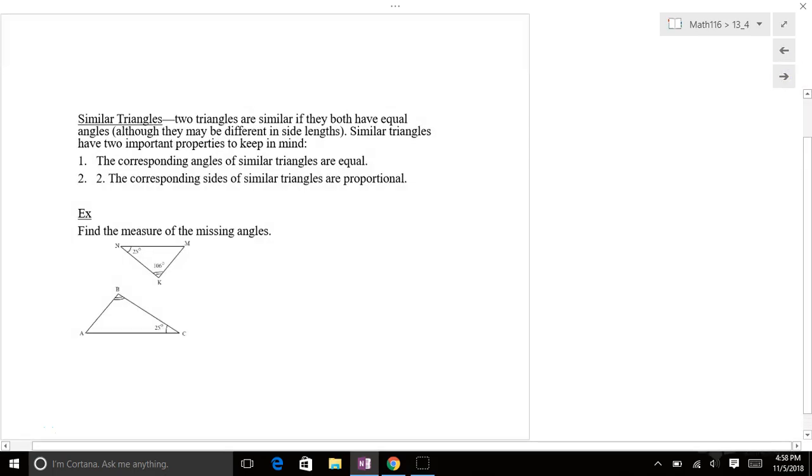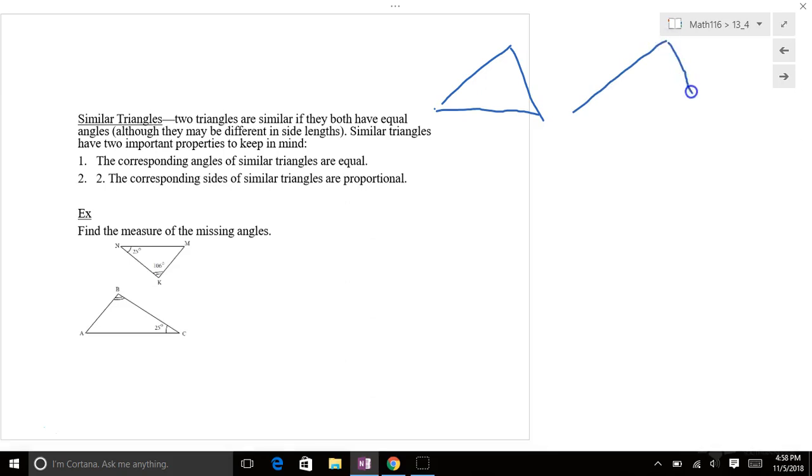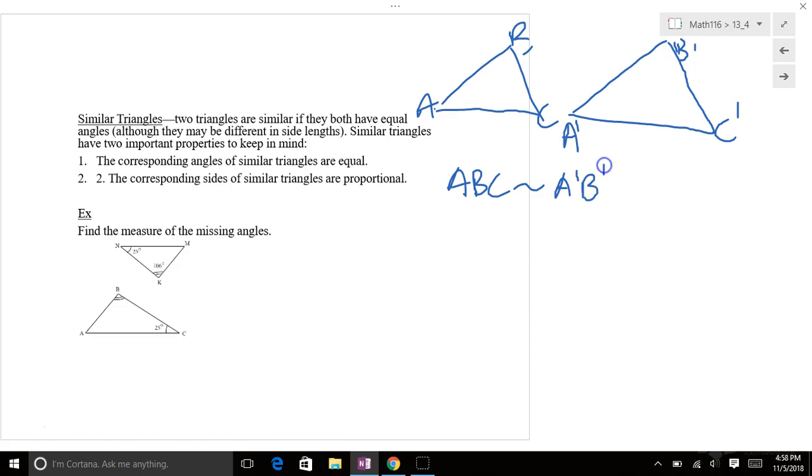So similar triangles just mean if you have two triangles of different sizes, in other words, the side lengths, and they don't have to be different sizes, they can be the same size. But if you have, let's say this one, A, B, and C, and A prime, B prime, and C prime, if ABC is truly similar to A prime, B prime, C prime, then this angle will be the same as this angle.